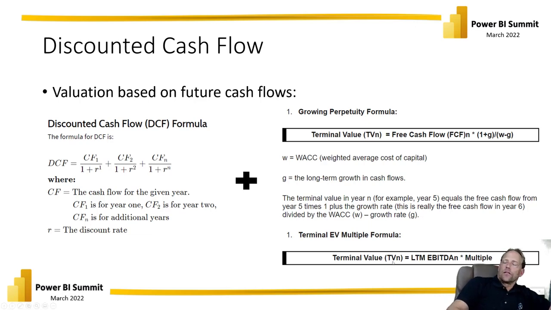And again, there are a variety of ways to do this. You can assume these annual cash flows will continue in perpetuity, or you can assume multiples, for example EBITDA multiples. So what was the earnings before interest, taxes, depreciation, and amortization that an organization has produced?